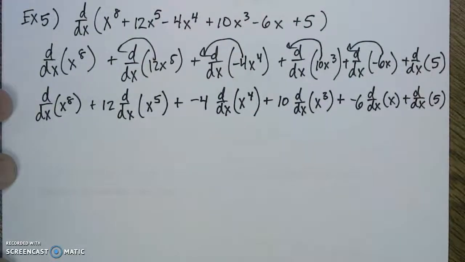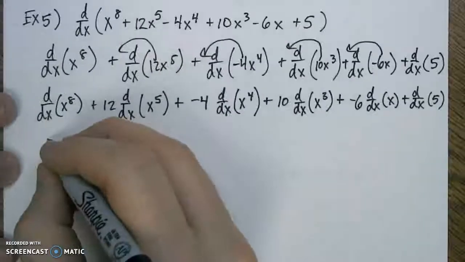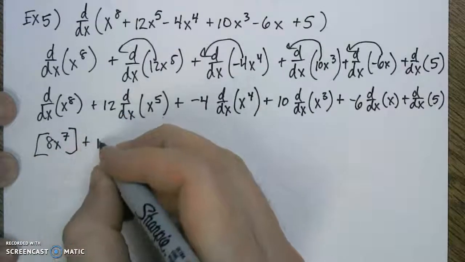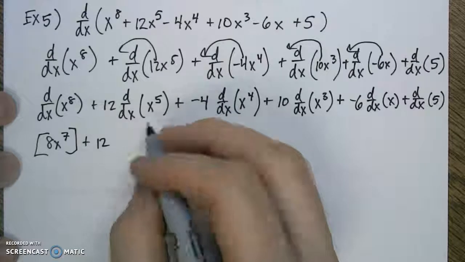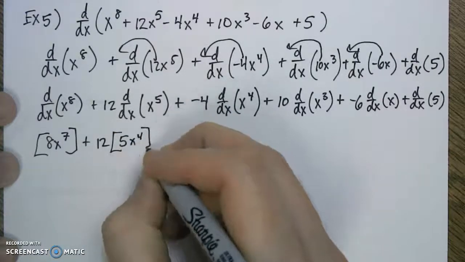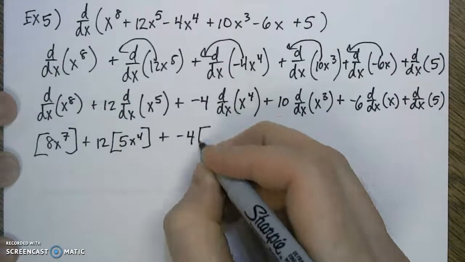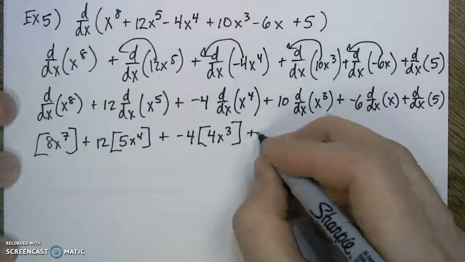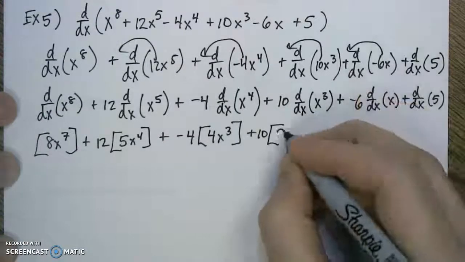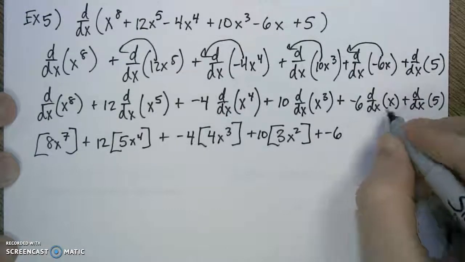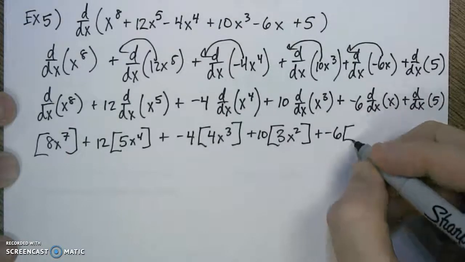So now I'm going to find the derivative of everything that's in your parentheses. So this will be 8x to the 7th. This will be 5x to the 4th. This will be 4x cubed. 3x squared. x will just become 1.